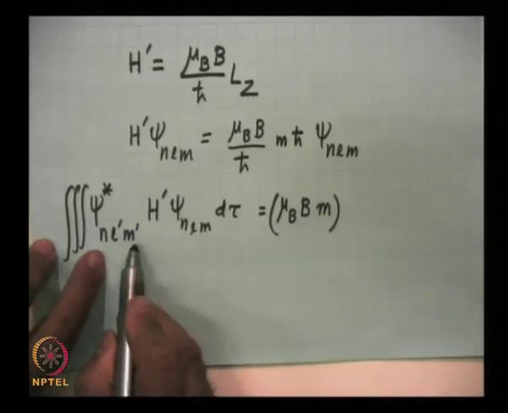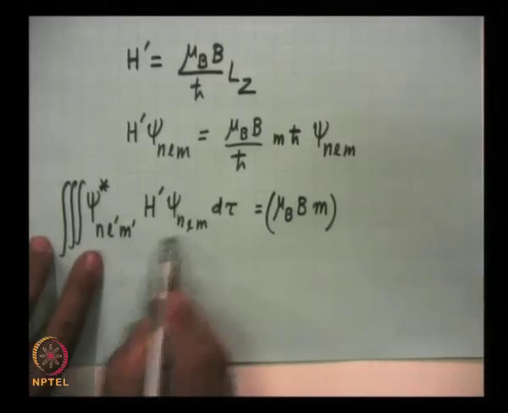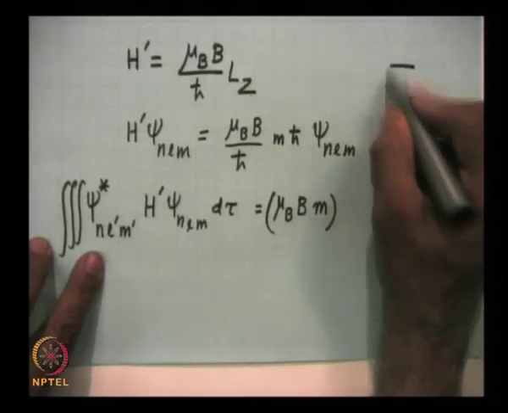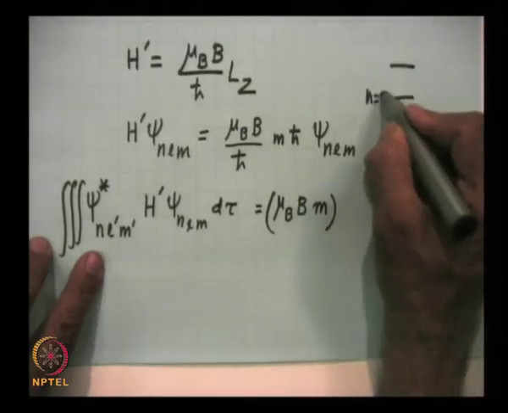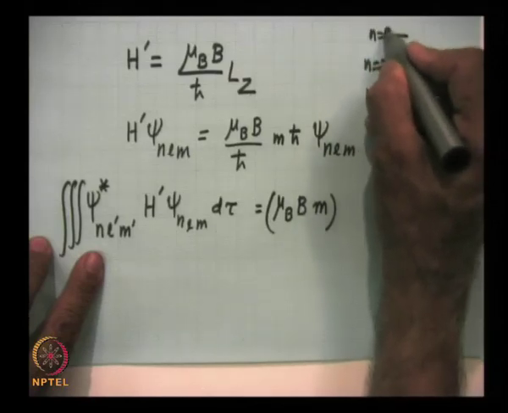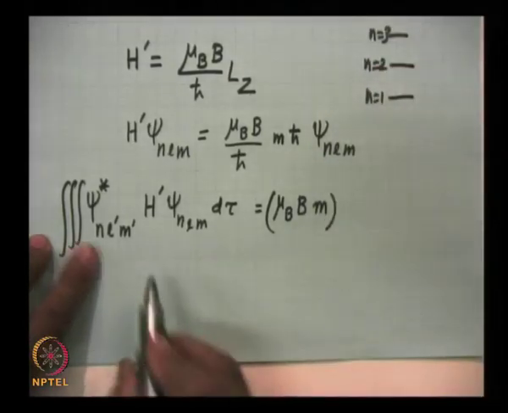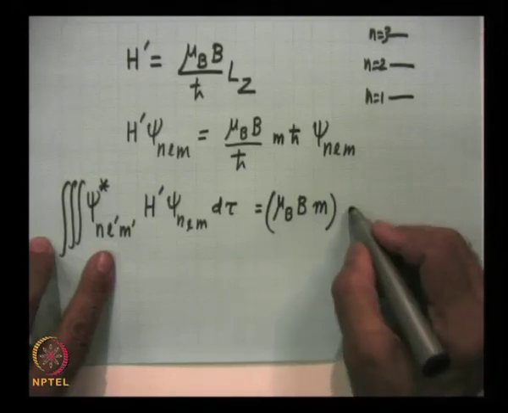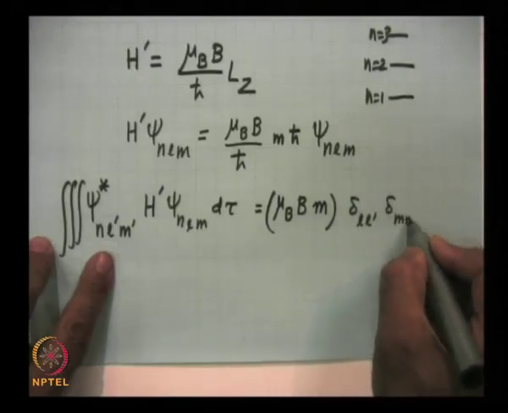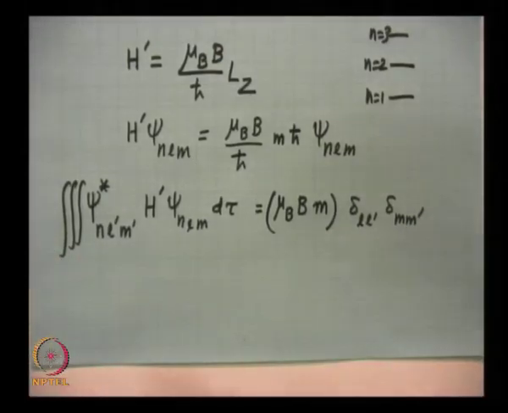and this is ψ star nlm ψ. So n and n are equal, because two different values of n will correspond to different energy: n equal to 1, n equal to 2, n equal to 3, and so on. So this will be δll′ δmm′.